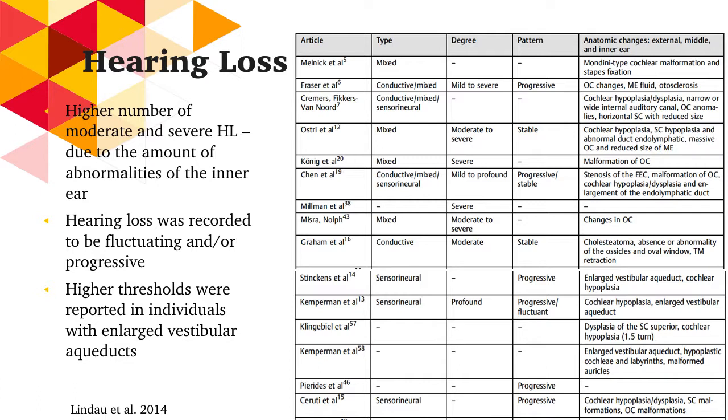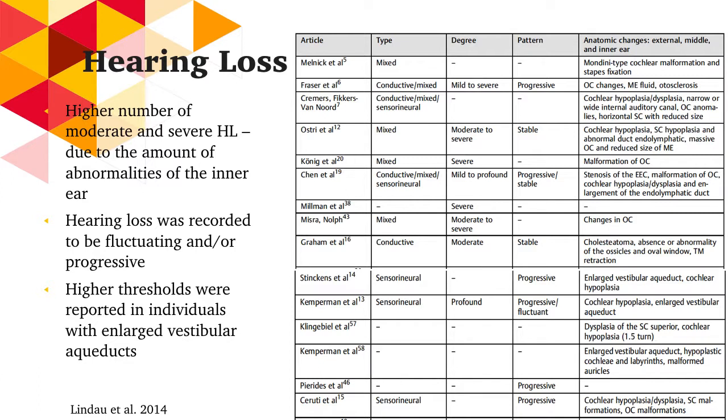However, where contradiction comes into play is how severe the hearing loss is and whether or not the hearing loss is progressive, stable, or fluctuates. So there is a reported higher number of moderate and severe to profound hearing loss due to the amount of abnormalities that can occur in the inner ear.